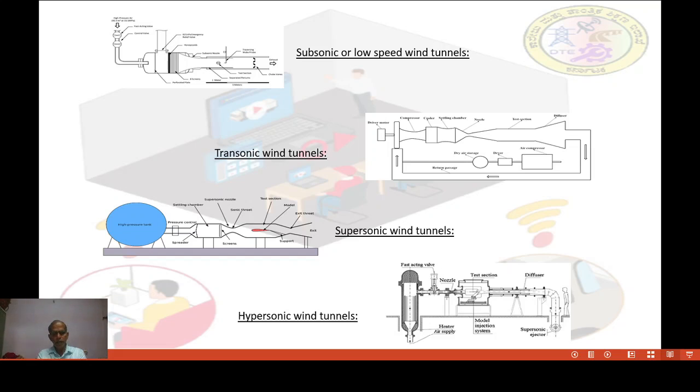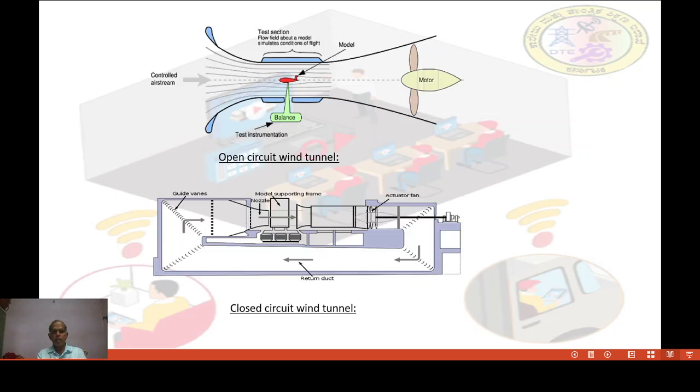This is also achieved using convergent and divergent nozzles. Convergent nozzles increase the speed of the air. Divergent nozzles decrease the speed of the air.